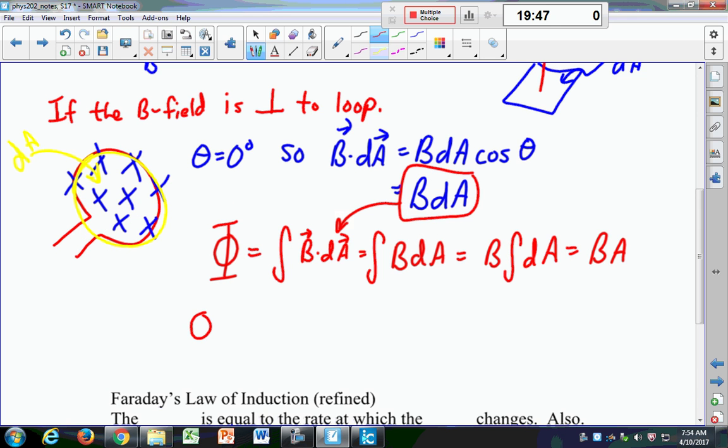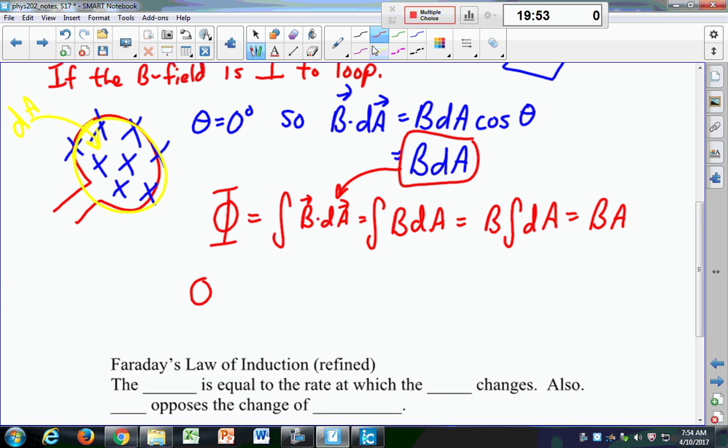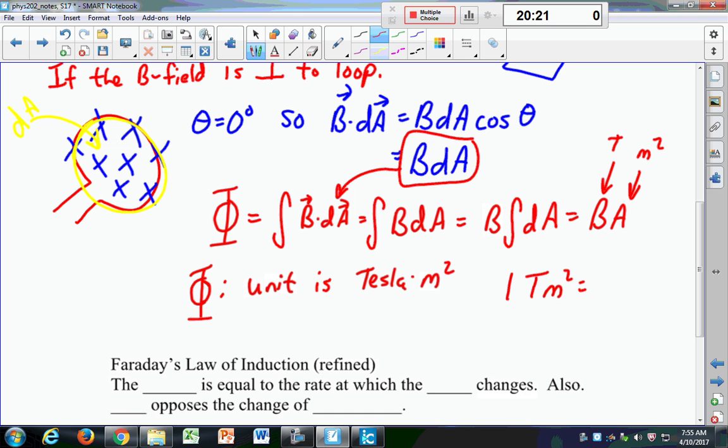Phi, my flux, the unit for this is the Tesla square meter, because you get Teslas here, you get square meters here, and 1 Tesla square meter is equal to 1 Weber, which we abbreviate as 1 Wb, 1 Weber.